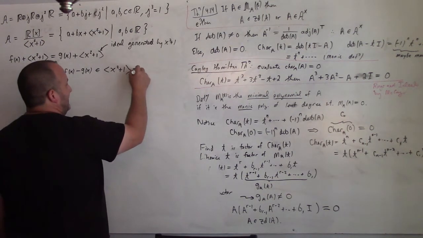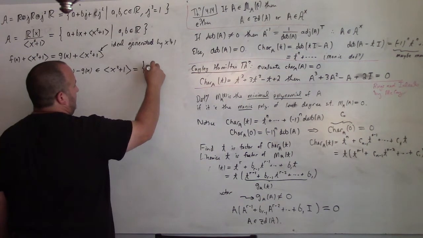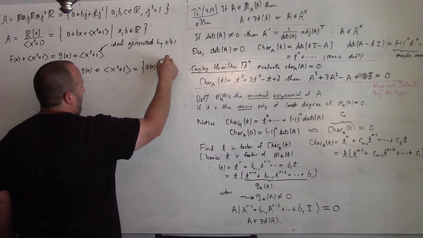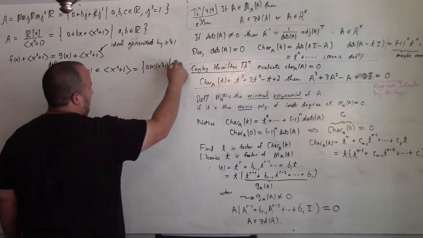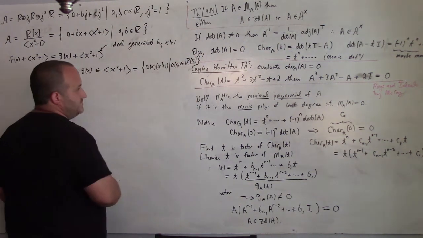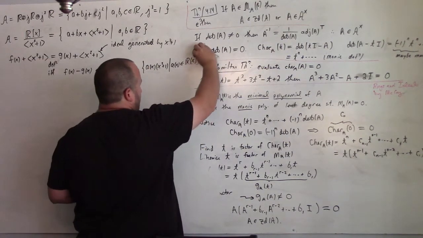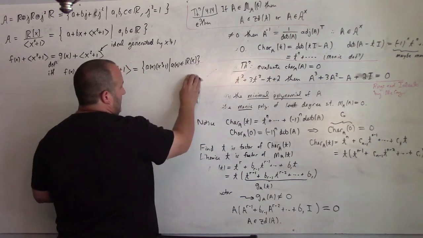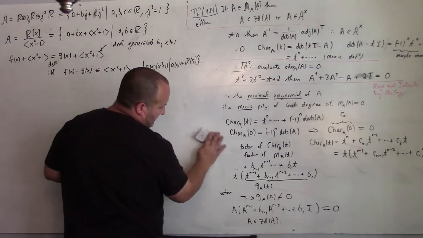So this is a of x times x squared plus 1, such that a of x is a polynomial in x. So this R with a bracket is just polynomials in x. That's okay, right? Yeah.